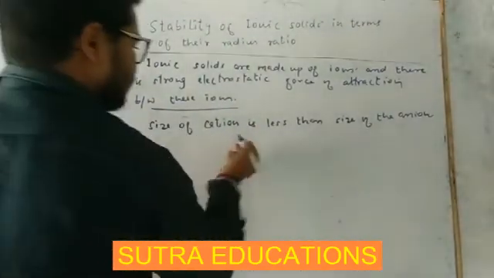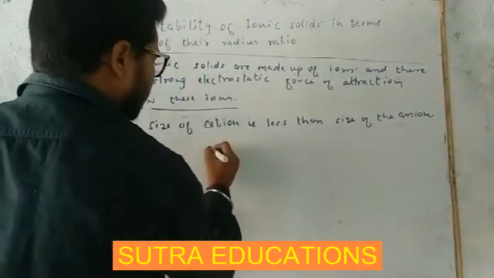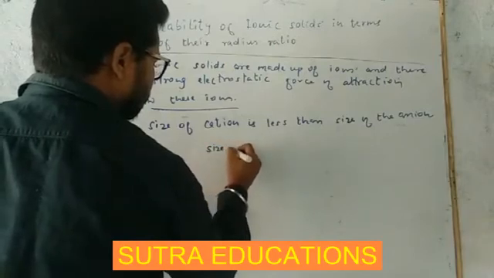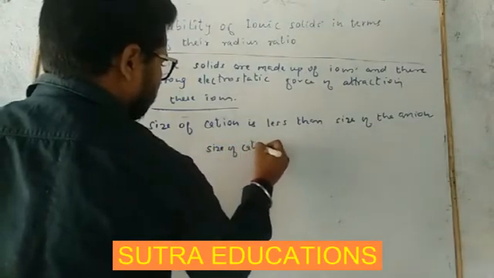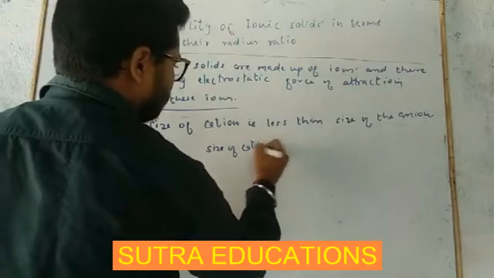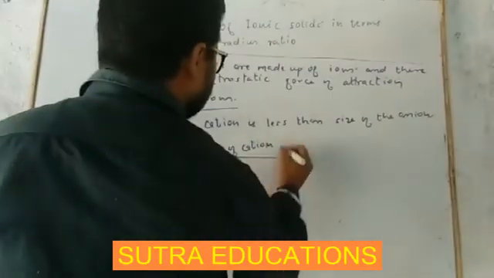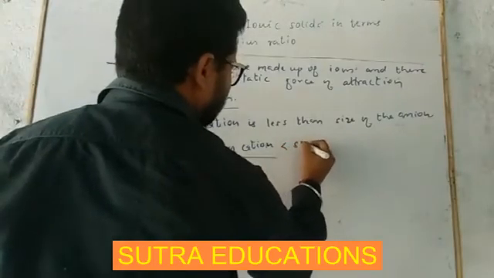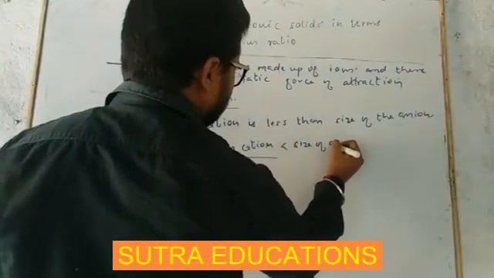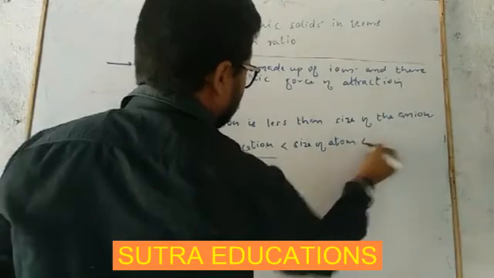Means if it is size of cation, then size of cation is less than size of atom, and it is less than size of anion.